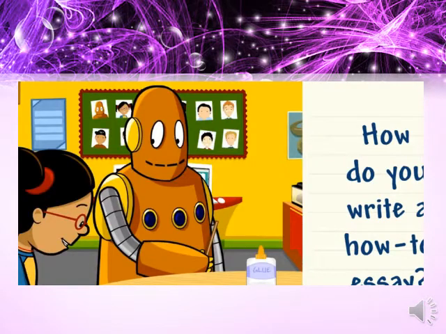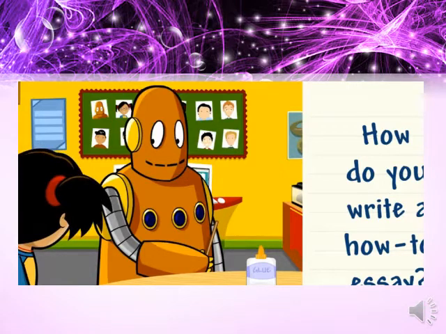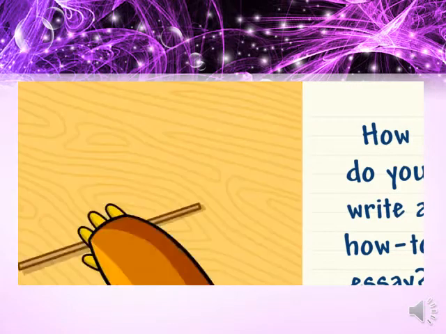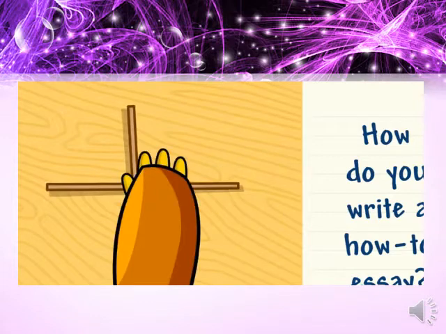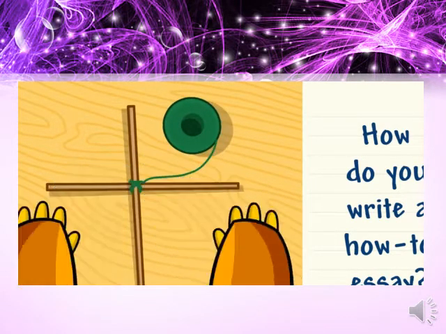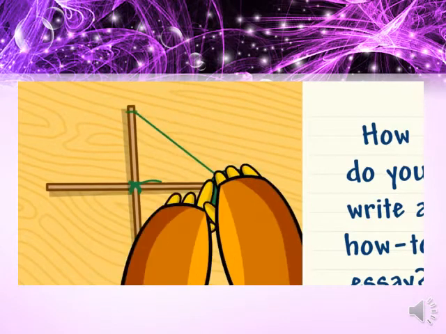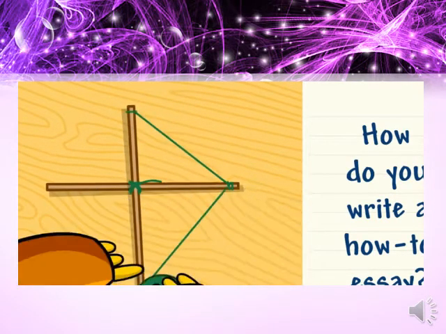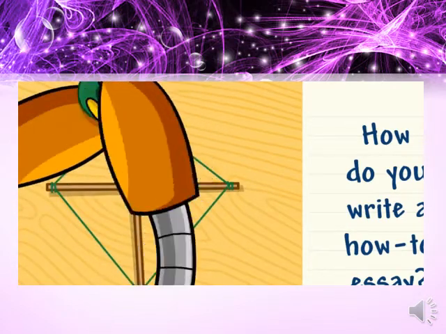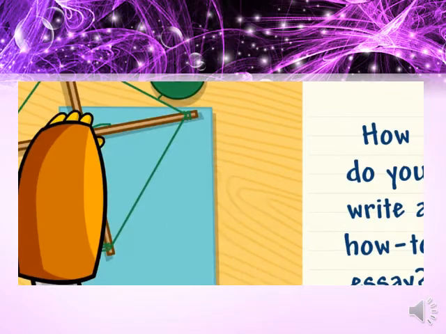Let's see. To make a kite, first you use 2 sticks to make a cross. Second, you tie the sticks together. Third, you tie string around the ends of the sticks. Next, you glue paper to the frame.